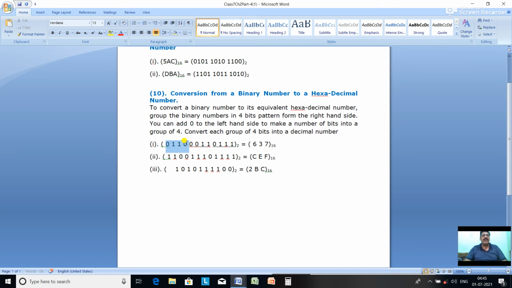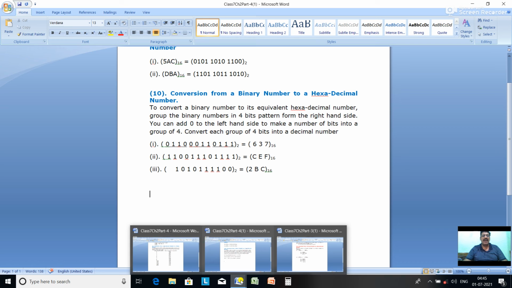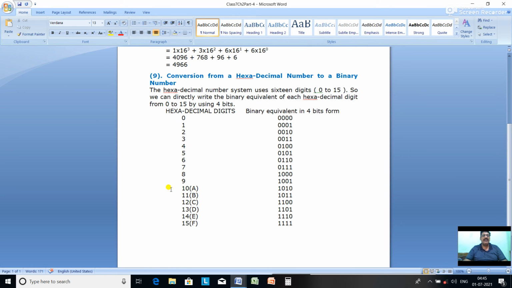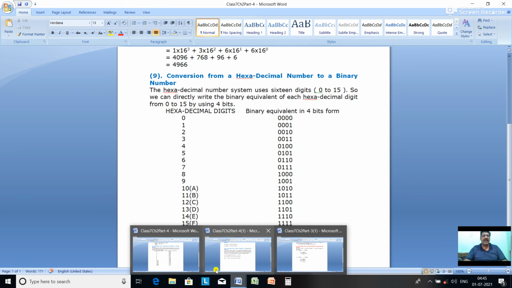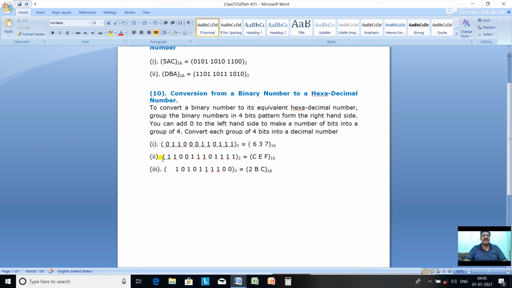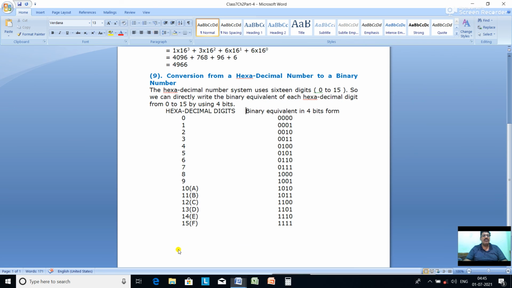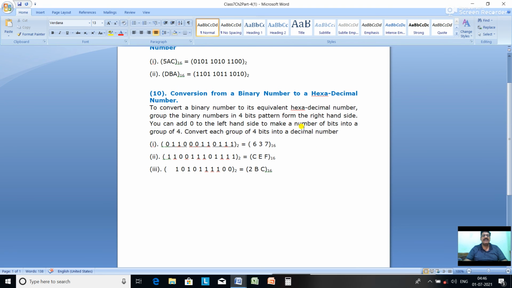And now using the table, convert all these numbers into hexa. Okay, so what is the first digit? First digit is 0110. Which number? 6. See, it is right here, 6.